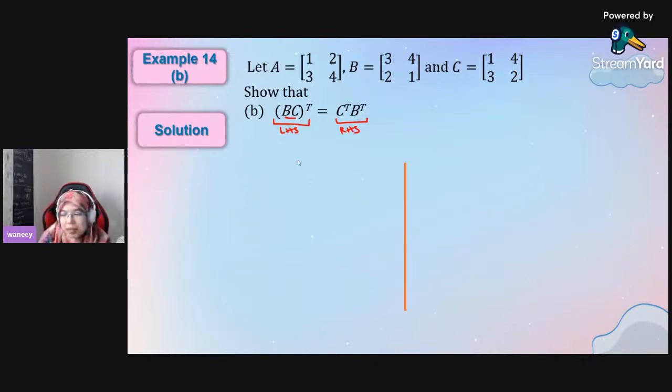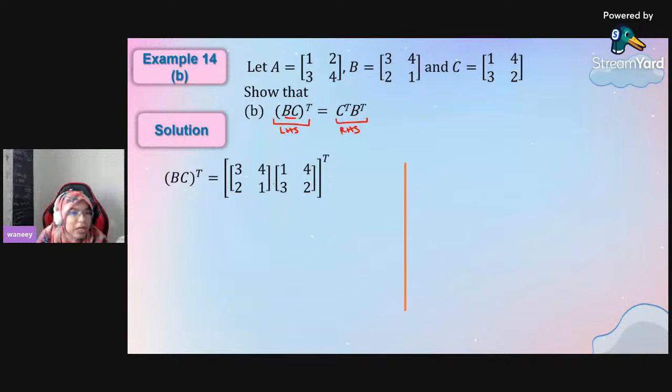Okay, so B times C first and then you transpose. Okay, so we got 3, 4, 2, 1 multiplied with 1, 4, 3, 2 with a transpose over here. Okay, so after that, we definitely need to do the rows times the column. So row times the column for each of them.